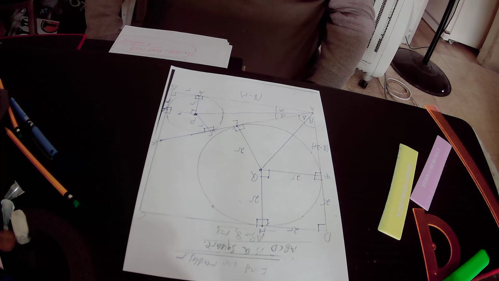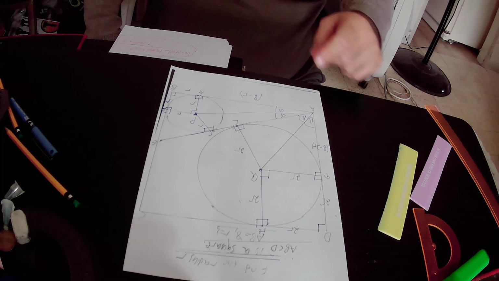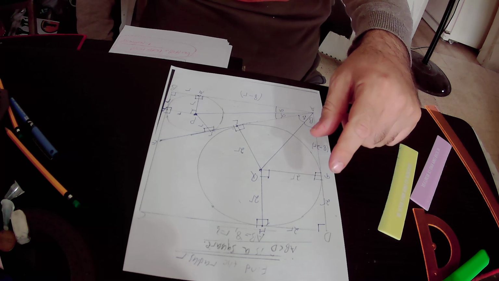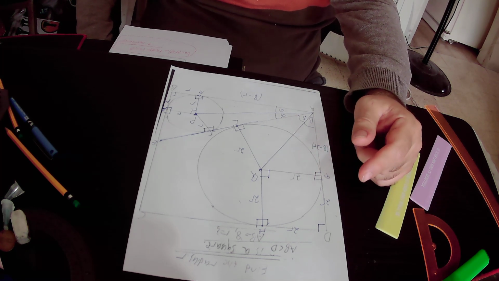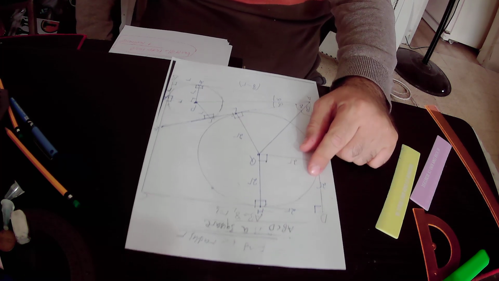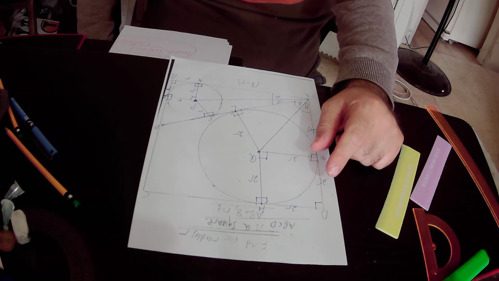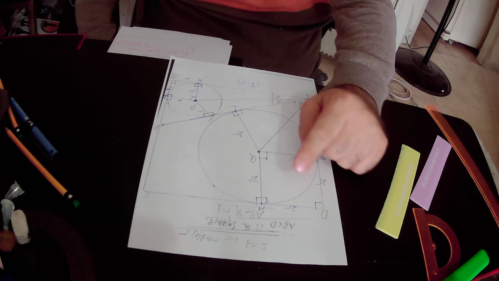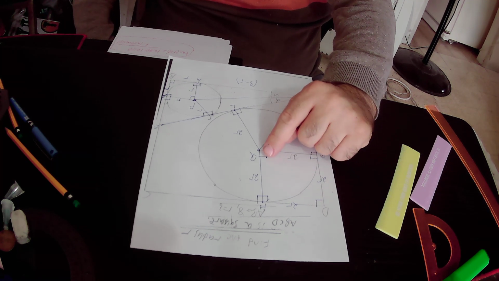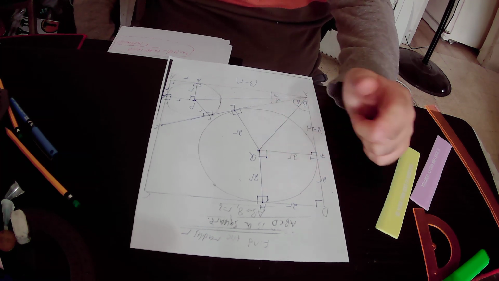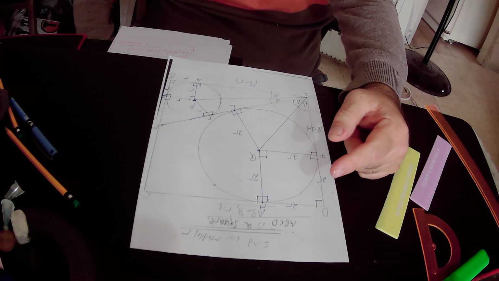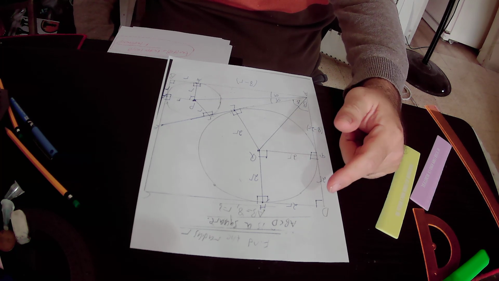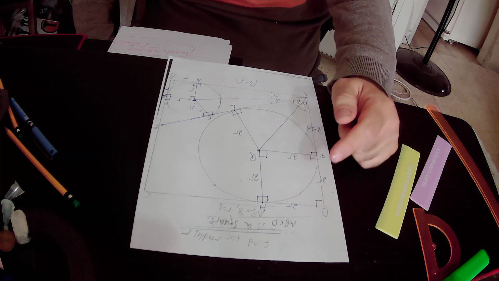So we have three, and in quadrilateral GQDH we have 3 right angles, then the sum of them is 270 degrees. So the fourth angle must be equal to 90 degrees in order to complete the sum of the angles in quadrilateral GQDH to 360 degrees.